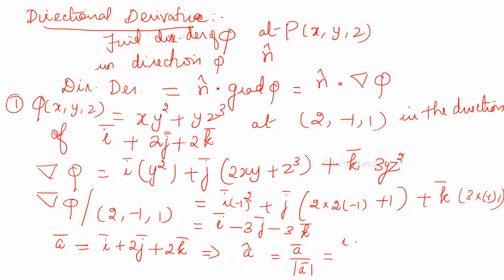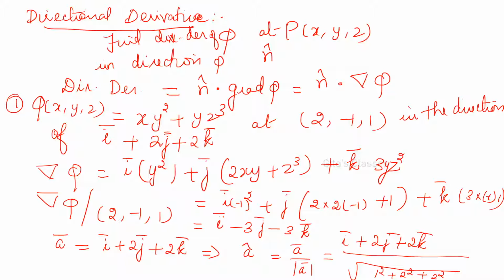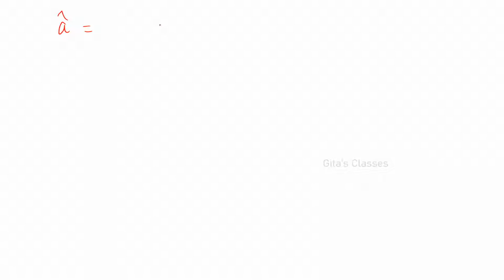So i plus 2j plus 2k divided by root of 1 squared plus 2 squared plus 2 squared. So A cap is equal to 1 by 3, root of 9, into i plus 2j plus 2k. This is our unit vector A.